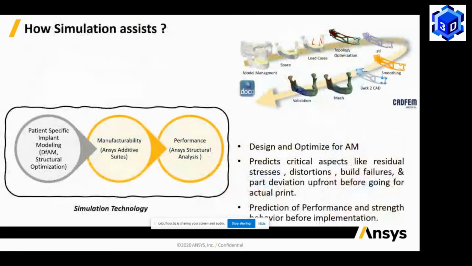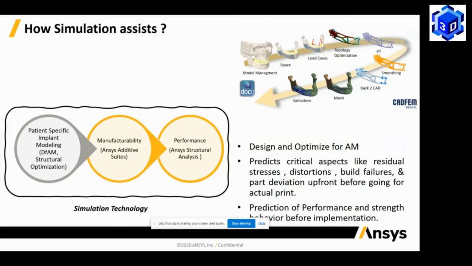So how ANSYS simulation assists here is that with ANSYS simulation, you can optimize or design the different implants. You can introduce things like lattice optimization to further make your implants more efficient and more lightweight, as well as to match the stiffness with your bone.